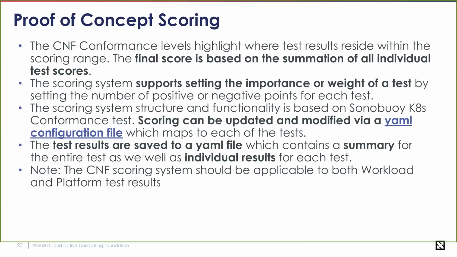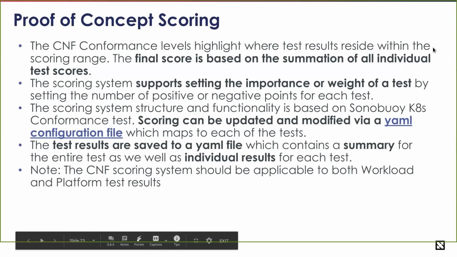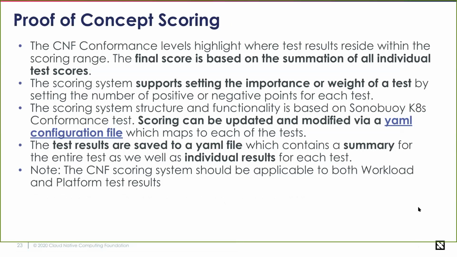So a little bit more about the scoring itself. All of the tests inside have individual pass-fail. Those are binary pass-fails. And then those roll up into scoring that gives some type of range.